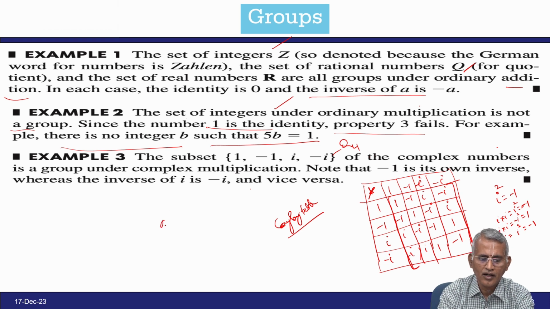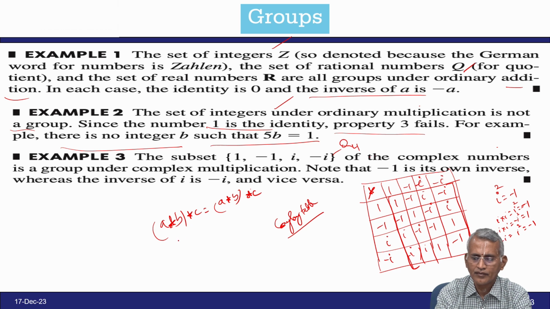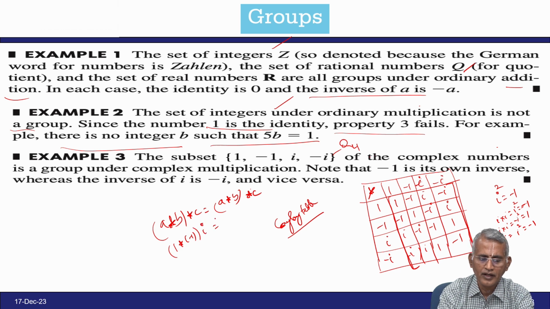that is, A star of B star C equals A star of B star C. You take A as 1 star of minus 1 into I, you take it and then it becomes minus 1 into I. Here you have to take the bracket in a different way, right.